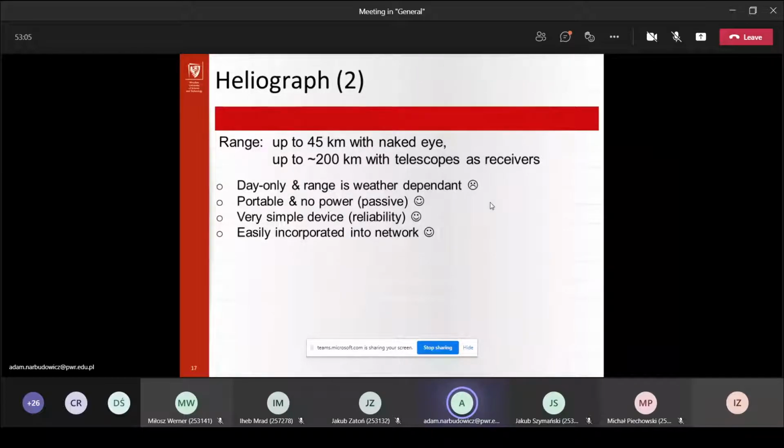Also, it was very easy to incorporate into a network. What we mean by that is, of course, you want to communicate between two devices, but overall you prefer to build a network of multiple links connected with each other. It's similar to the semaphore system in France that I showed you earlier. There's no point if just two towers can communicate with each other.